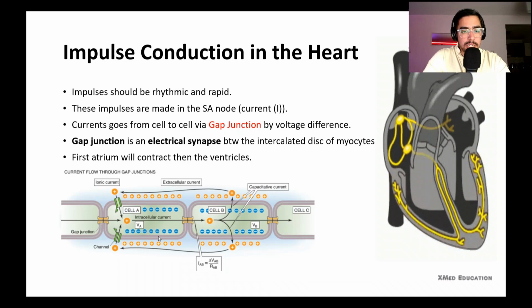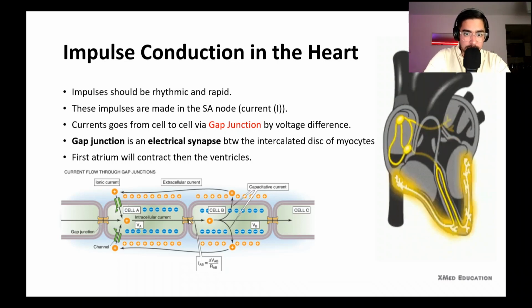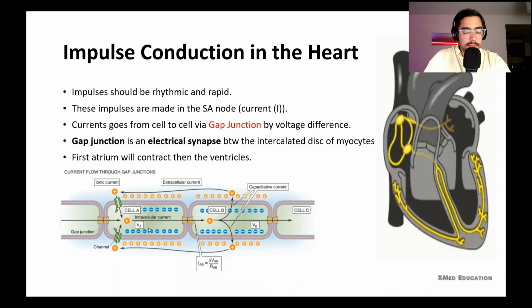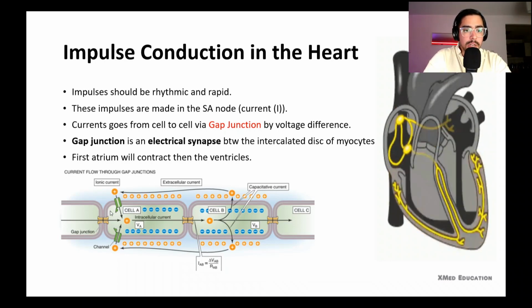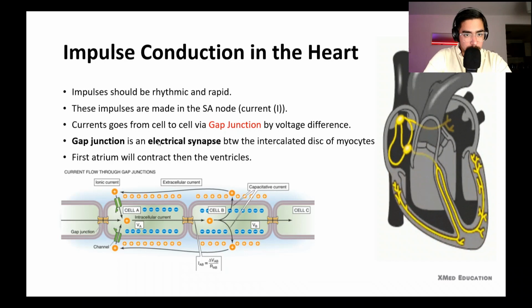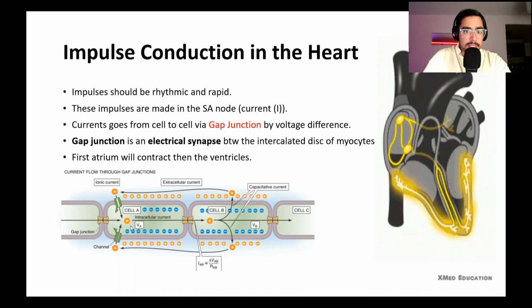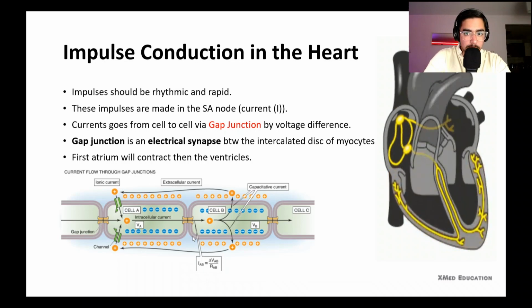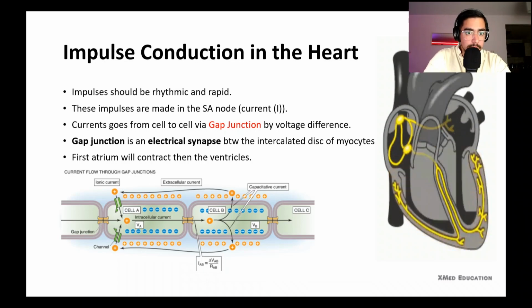For example, in the myocytes there is a gap junction between each cell, and current from one cell goes to another cell and causes depolarization in the next cells. So this gap junction is an electrical synapse, and these surfaces that we talk about are the intercalated discs of myocytes.